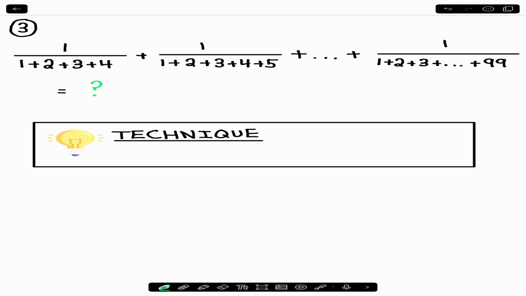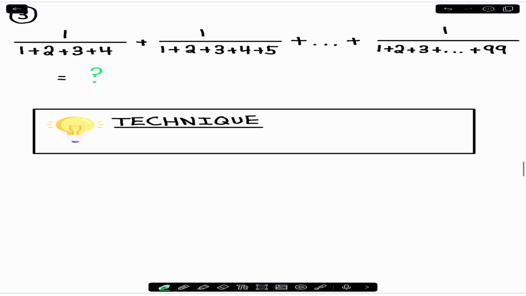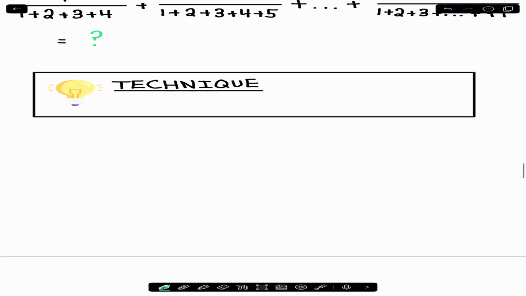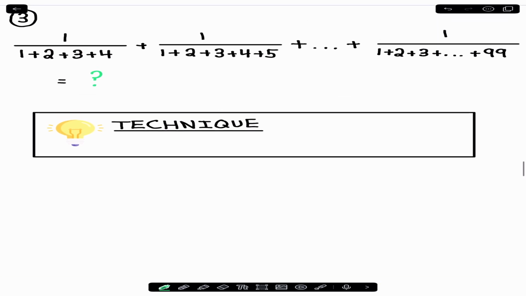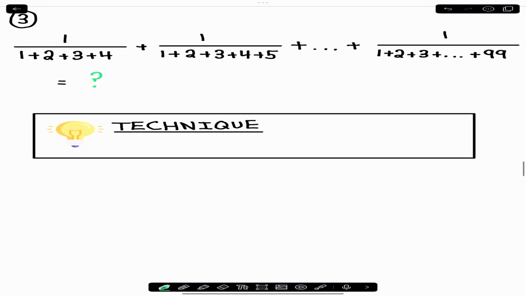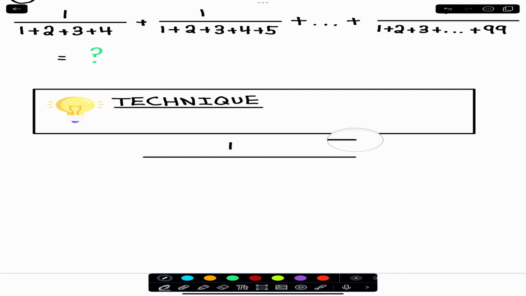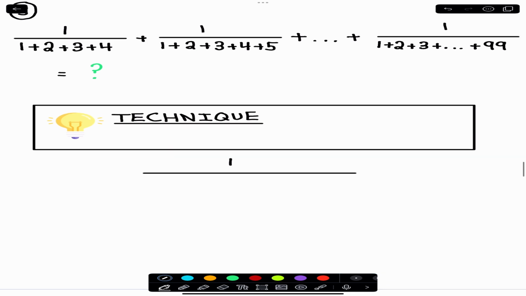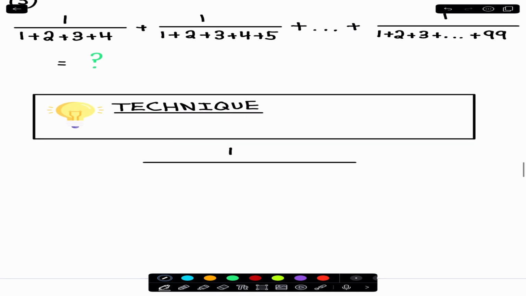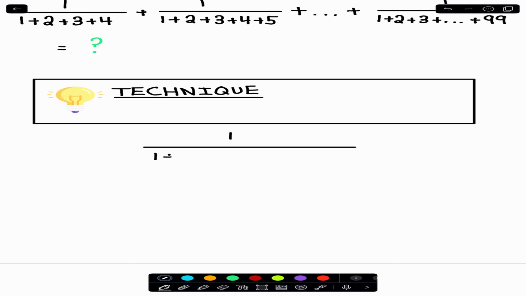Okay? So at first, we might not know what to do for something like this. So whenever you see a problem like this, the first thing that I'd notice is that all terms look sort of similar. They have the same form. It's basically 1 over 1 plus 2 plus 3, all the way until n.